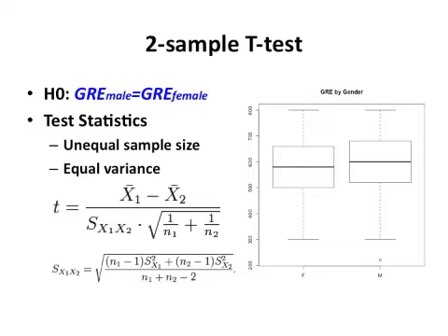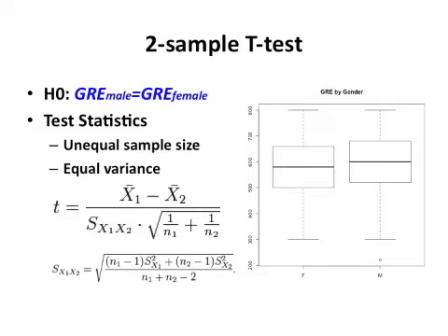That variance is formulated like this, assuming we have unequal sample sizes, N1 versus N2, a different number of women and men. Second, equal variance, which means the variance of GRE in the men group is equal to the variance of GRE scores in the women arm. With that assumption, you have this formula. If the assumption is not correct, you have many other different formulas. My job is not to help you remember the formula.